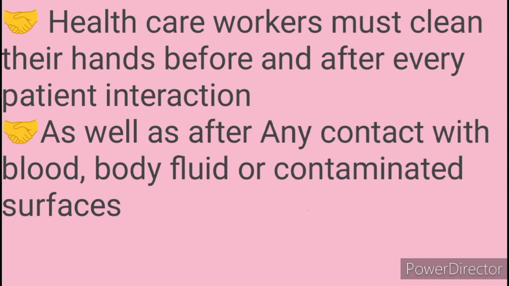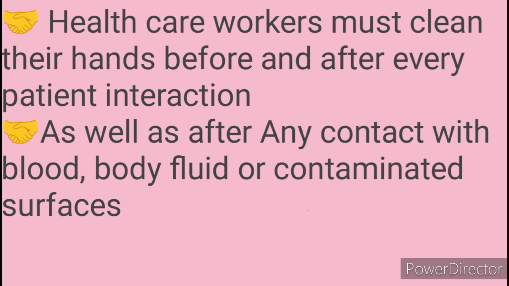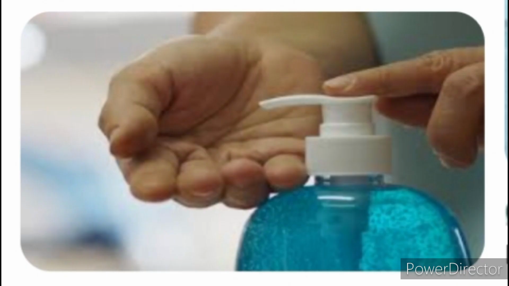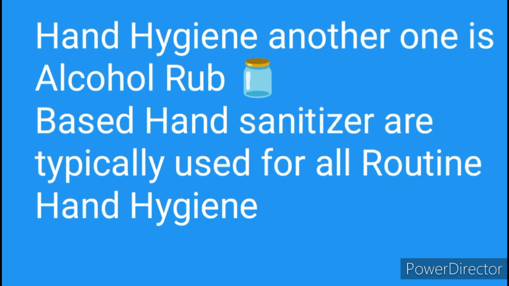Healthcare workers must clean their hands before and after every patient interaction, as well as after any contact with blood, body fluid or contaminated surfaces. Another one is hand sanitizer. Alcohol rub based hand sanitizers are typically used for all routine hand hygiene.